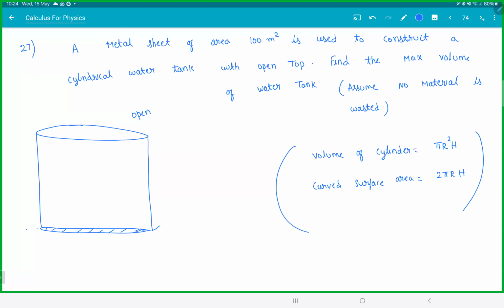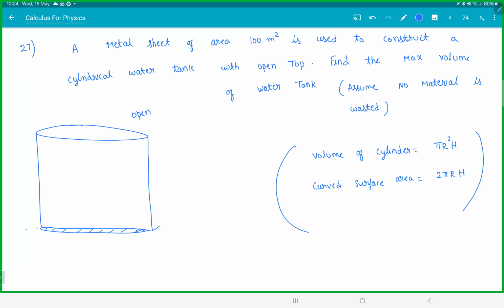How do we do this? CS area does not include the base.